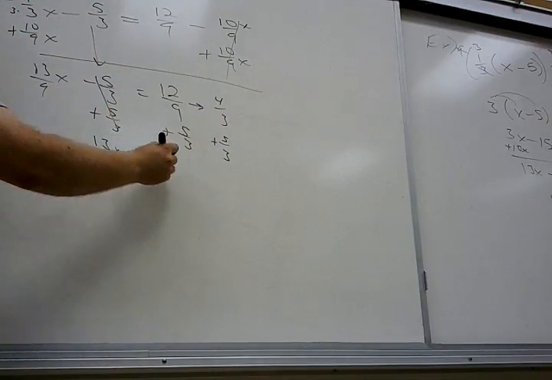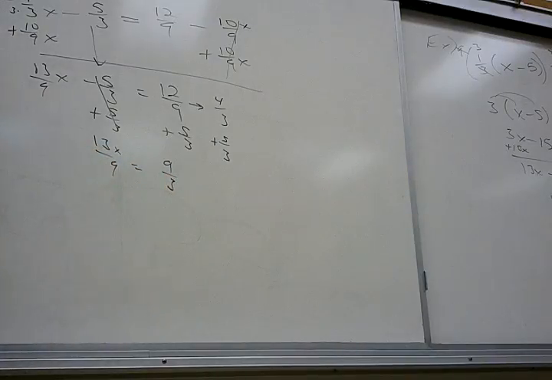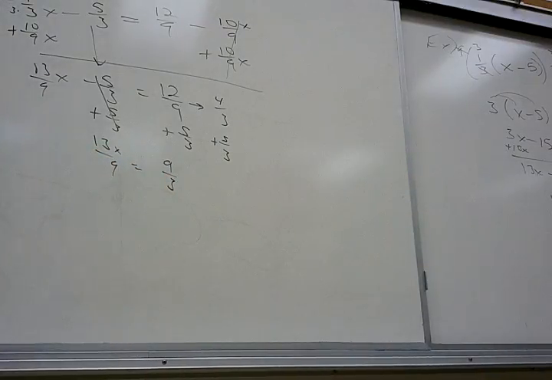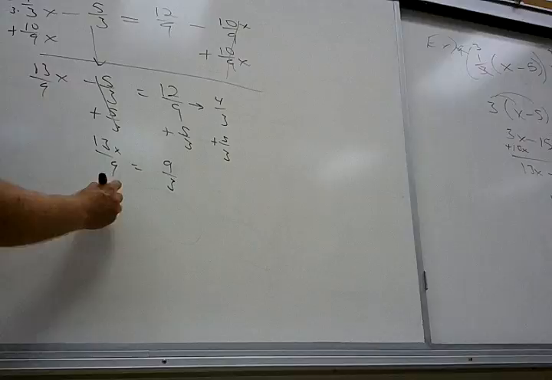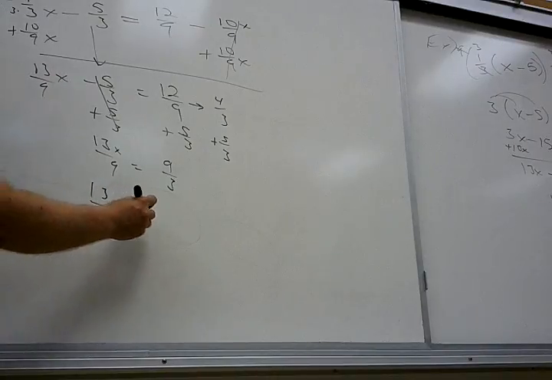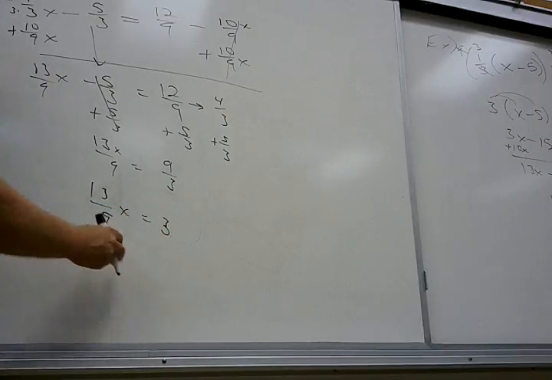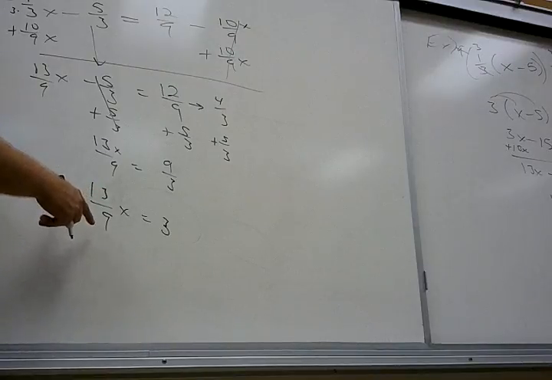Which is 3, yeah. So 13x over 9 equals 3. And then how do you cancel the 13 over 9? Multiply by 9/13.